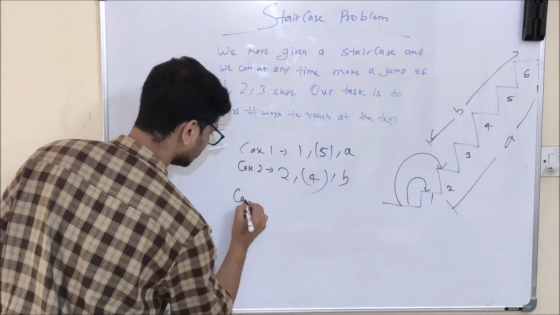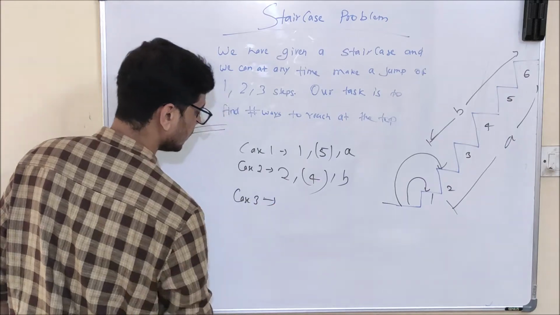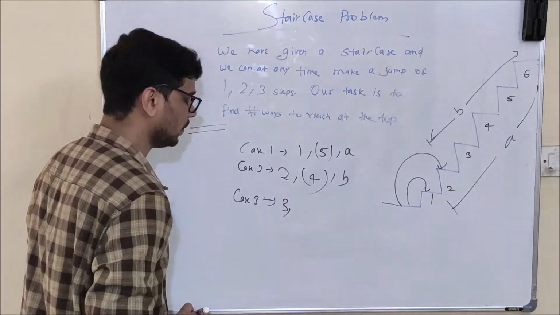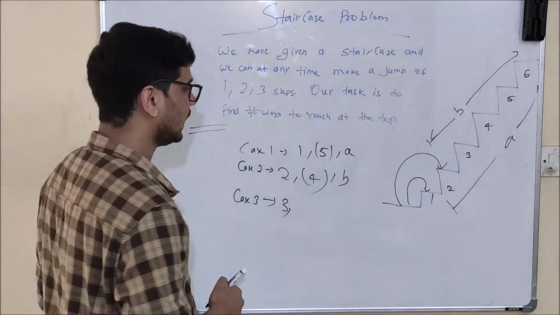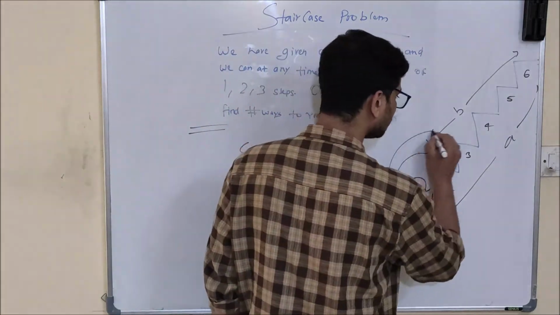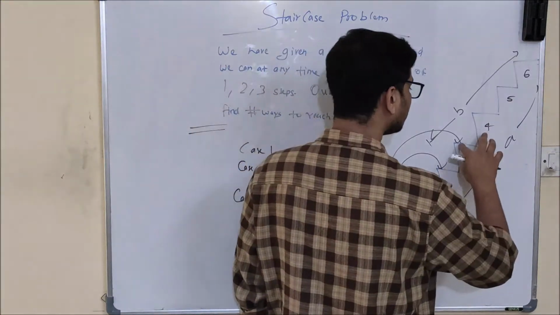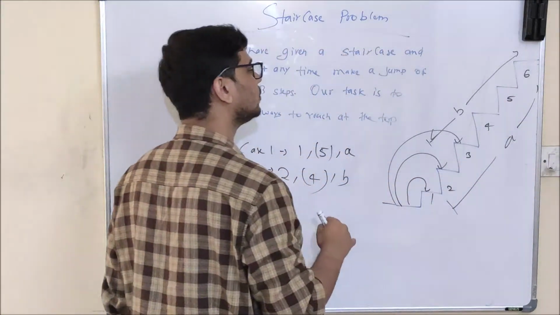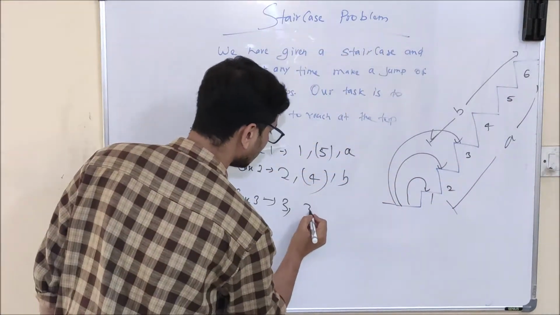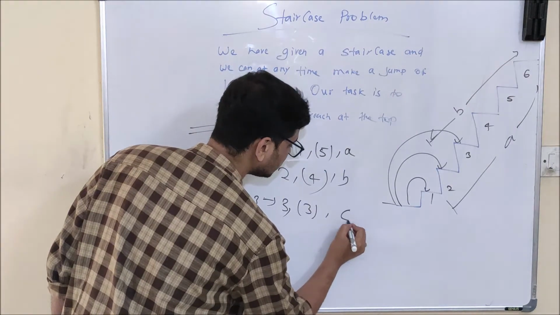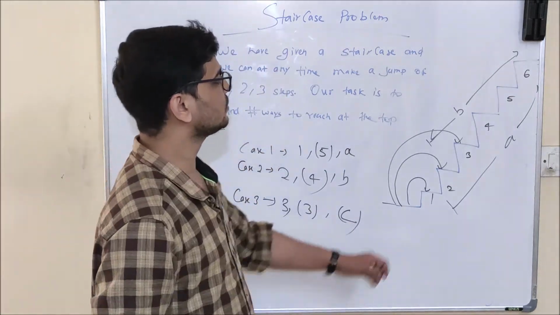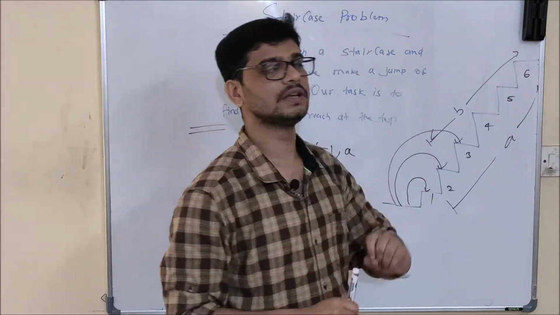Now take case 3. In case 3, I am allowed to make a 3-step jump. If I make a 3-step jump, I will reach the top of the third stair, and the number of stairs remaining to climb is 3. And let's assume C is the number of ways in which we can climb the remaining 3 stairs.